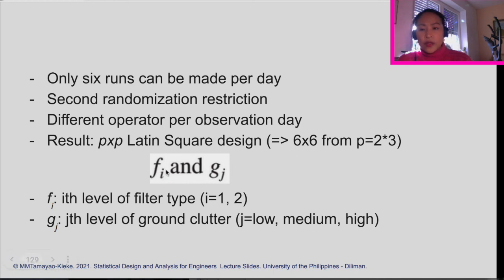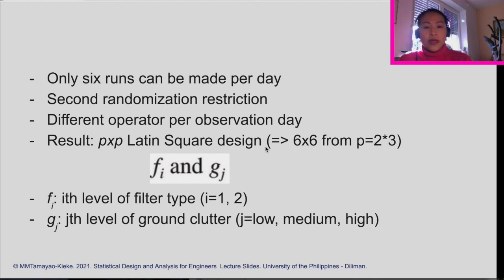How is that so? Say you have F sub i, which is the ith level of the filter type, and G sub j, the jth level of ground clutter. So you have low, medium, and high for ground clutter, and then filter type 1 and 2 for the filter type. So you have 2 times 3, which is 6.